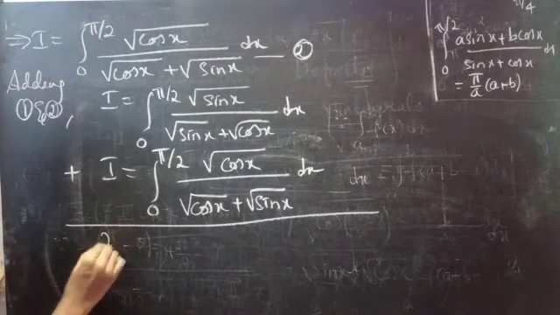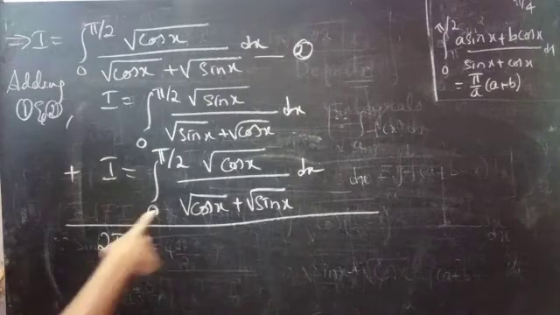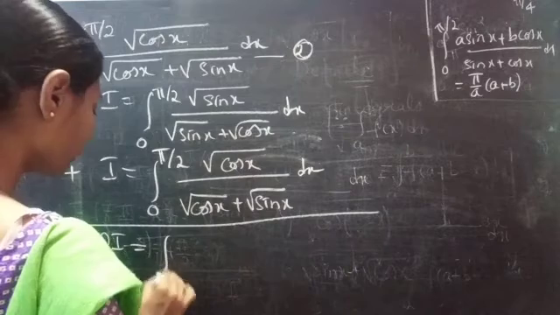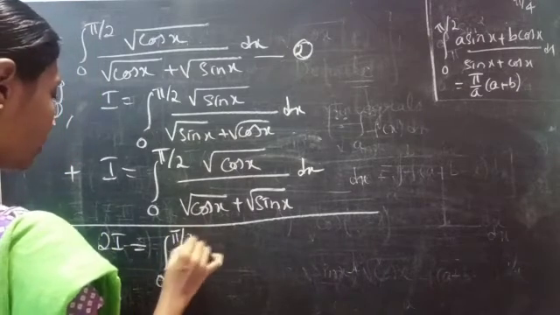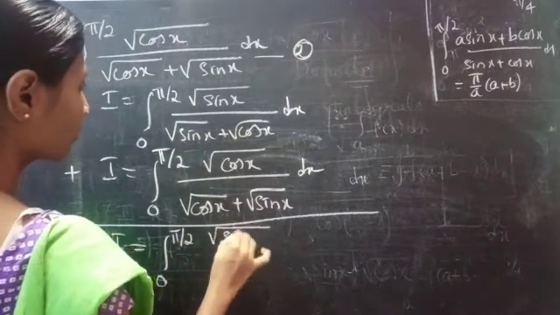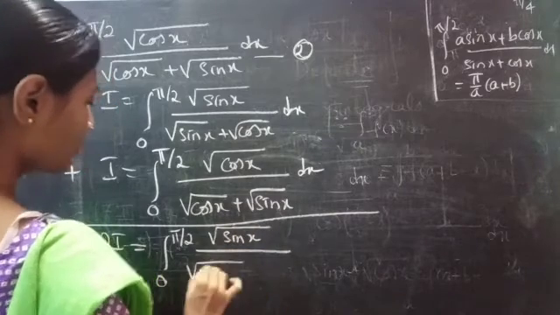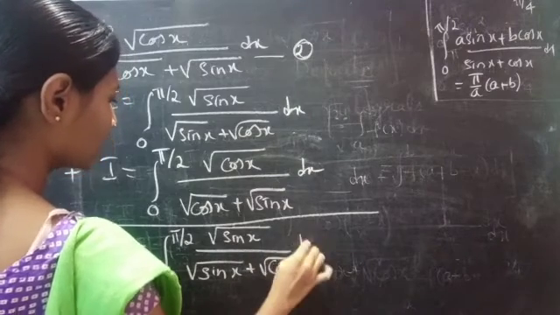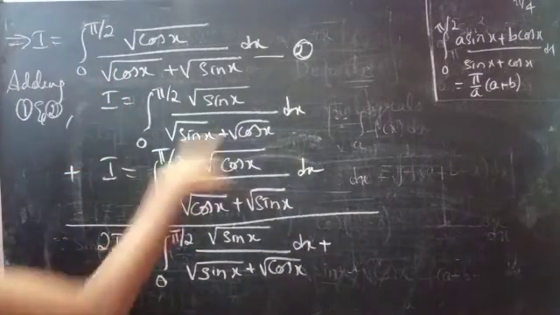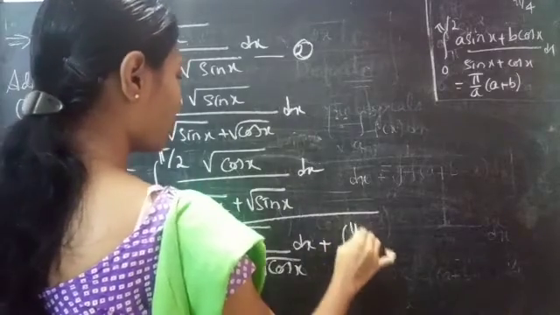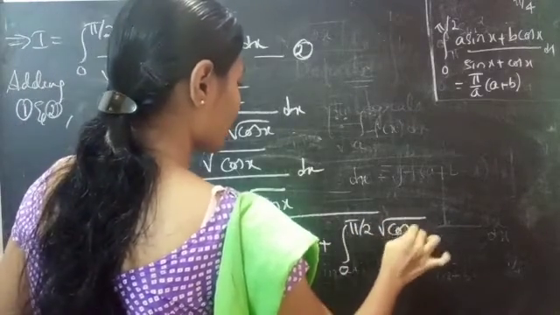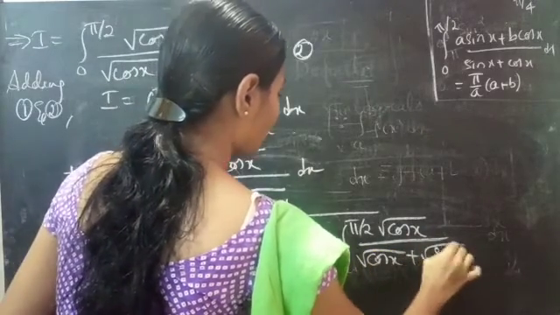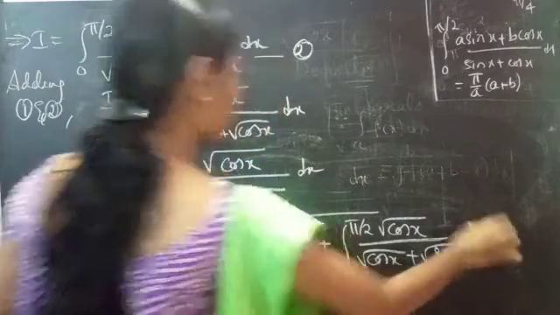I plus I is 2I, which equals integral 0 to pi by 2 root over sin x by root sin x plus root over cos x dx plus integral 0 to pi by 2 root cos x by root cos x plus root sin x dx.